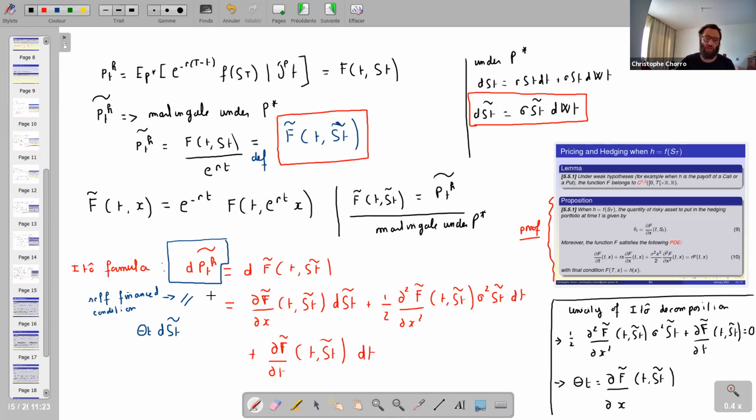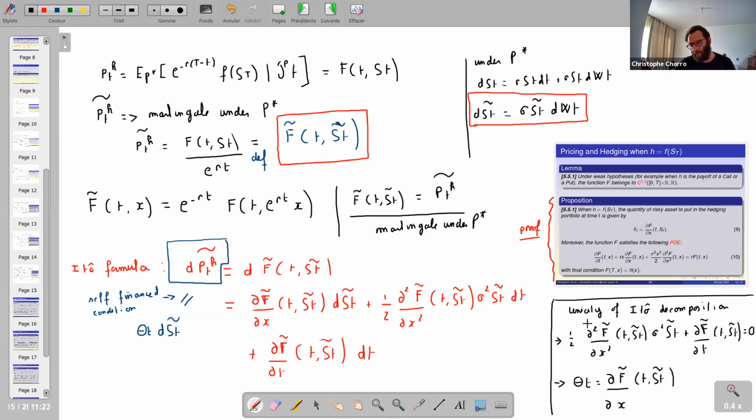And from the unicity of the Ito decomposition, I know that here I don't have a part in dt, so this part in dt has to be equal to 0, implying that this one is equal to 0. And this part has to be equal to this one, implying that theta of t is equal to this one. So I have two equations here.